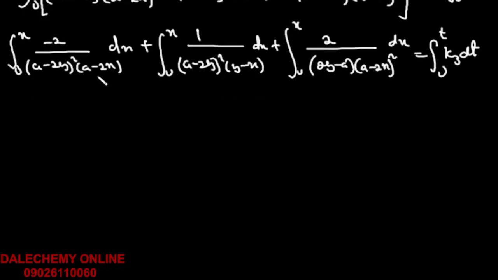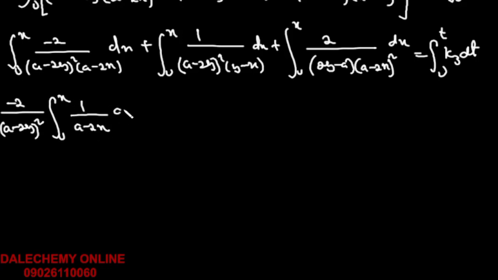Now from here, I can separate out the constants. So that will be minus 2 over (a minus 2b) squared, that's the constant, times the integral from 0 to x of 1 over (a minus 2x). I believe you understand this. We don't need much explanation on that again, because it's just this times 1 over this. So it's just mathematics. Then plus, do the same thing here.